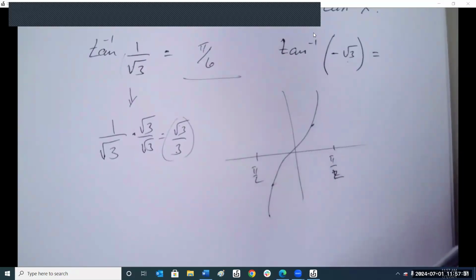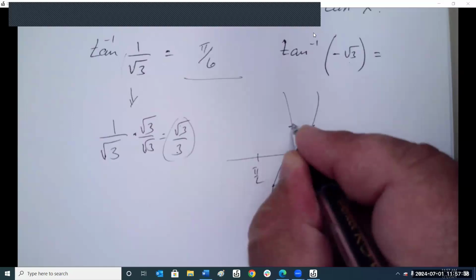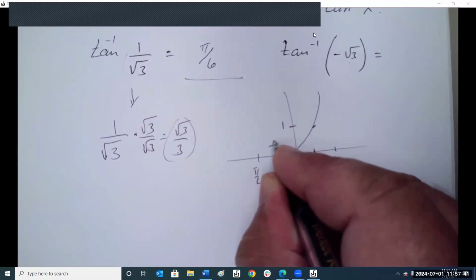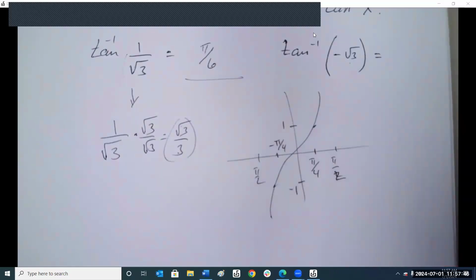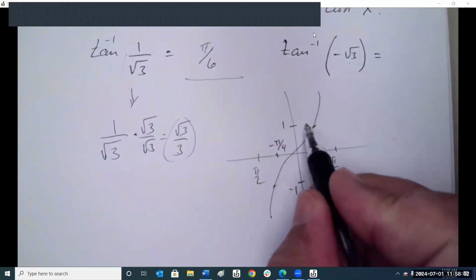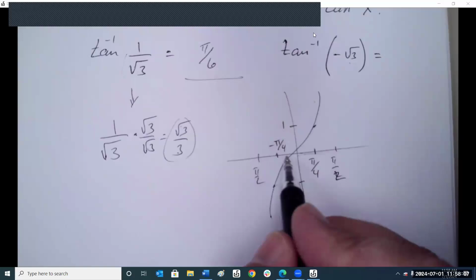What does that mean? What does symmetric about the origin mean? It tells us it's an odd function. If the angle's positive, then the answer is going to be positive. If the angle is negative, the answer is going to be negative.